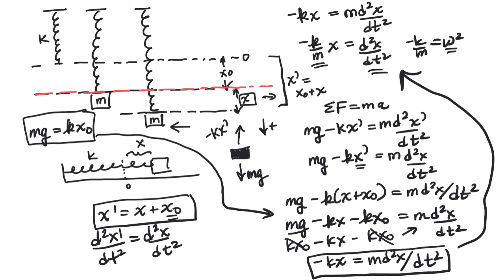So when you see a mass on a spring and it's hanging vertically, you don't have to do anything. You don't have to think about gravity. All you have to pretend is that whatever amount I displace it, it's going to oscillate around that new equilibrium position, just as if that were the natural length of the spring. The only time you have to go back to reality is when someone asks you, for example, how much energy is stored at this moment?